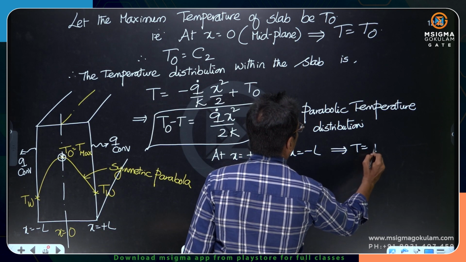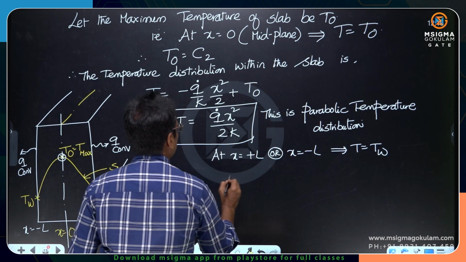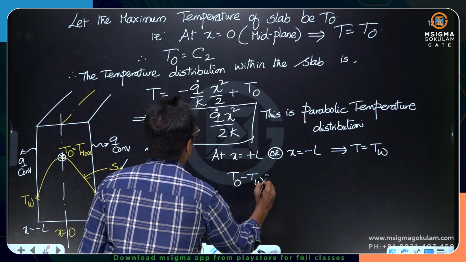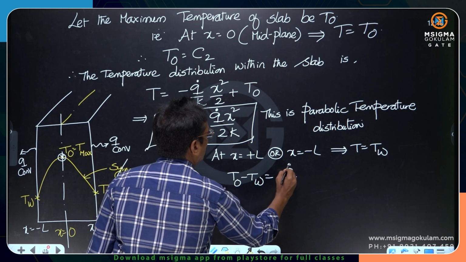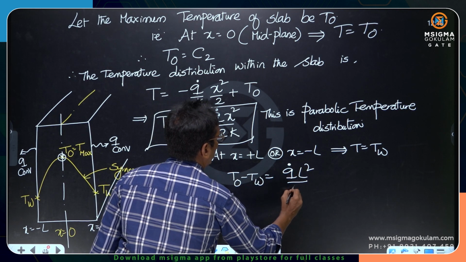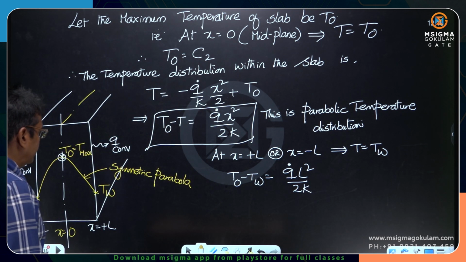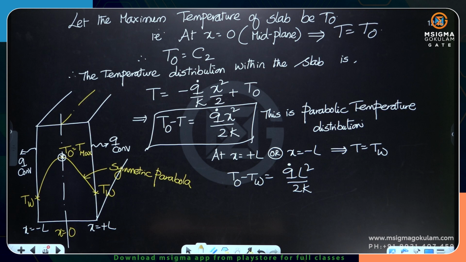We have assumed T equal to TW. If you substitute that here, you get T0 minus TW equal to Q dot L square by 2K. Symmetric parabola means symmetric about the mid plane.